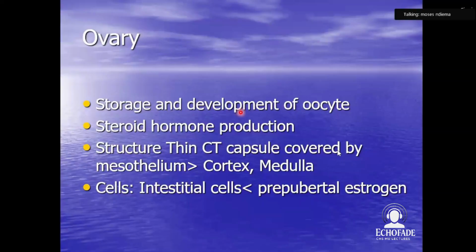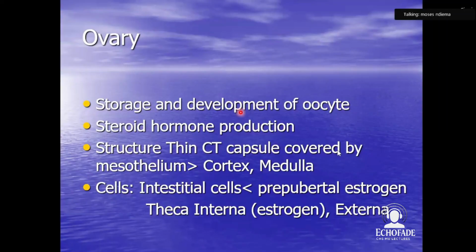The cells within the ovary are of several types. We have the interstitial cells. These interstitial cells secrete estrogen in the prepubertal stage. And then we have the theca interna cells. The theca interna is a highly vascularized area close to the follicle, separated from the follicular cells by a membrane, which forms the basement membrane of the follicle.